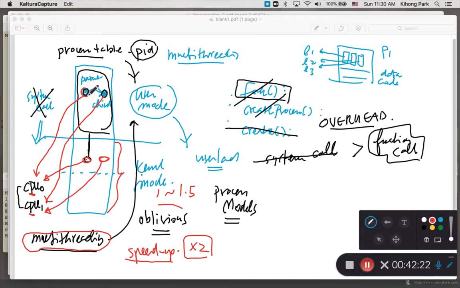But these two guys don't exist separately for the kernel. The kernel doesn't know about the fact that this guy is playing these tricks. For the kernel, all of this guy is just still one kernel thread, one kernel process.